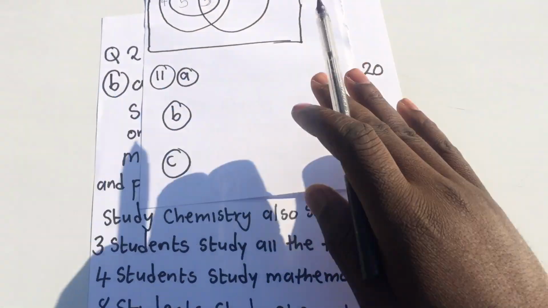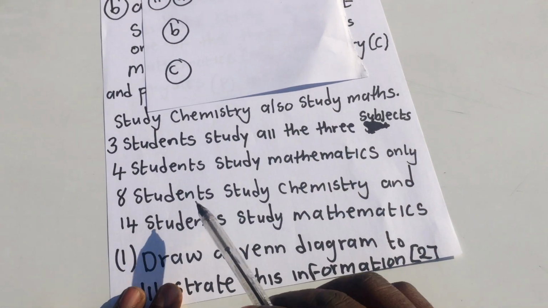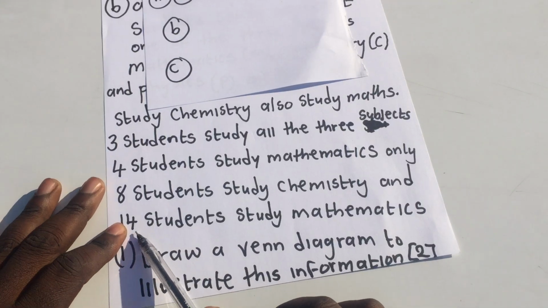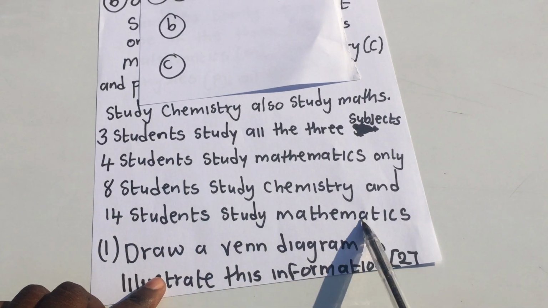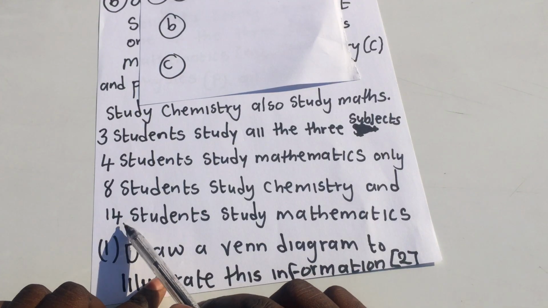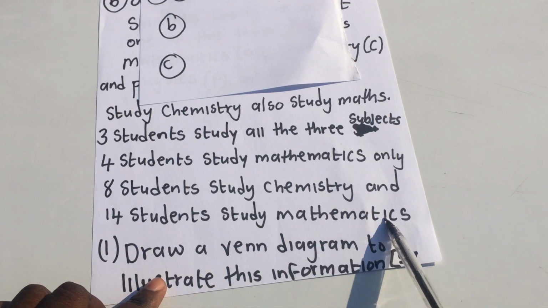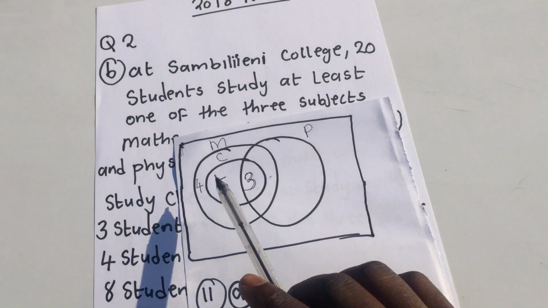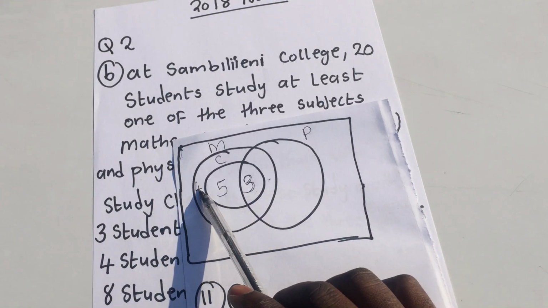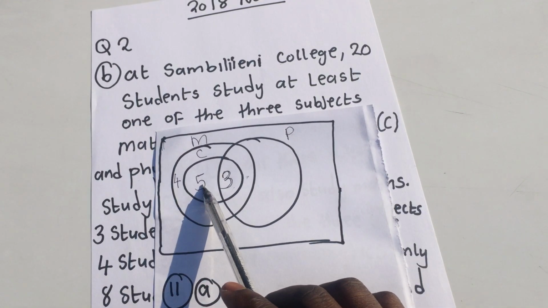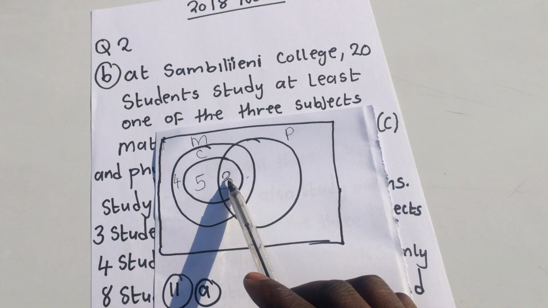Now you come to the total number for people who study mathematics. They said 14 students study mathematics.